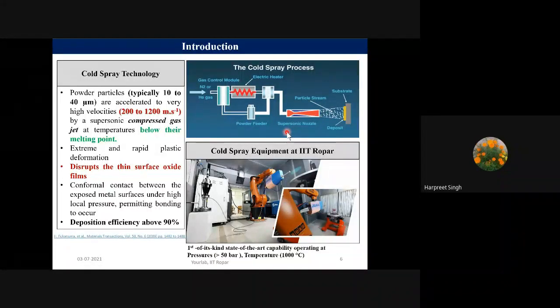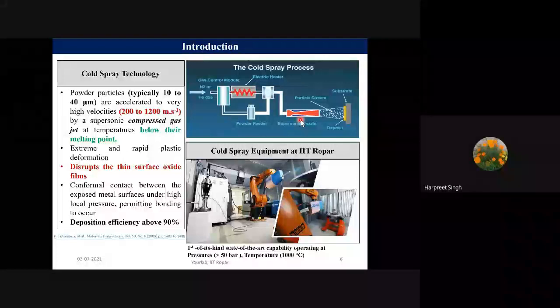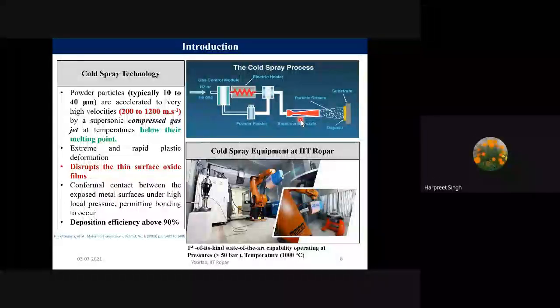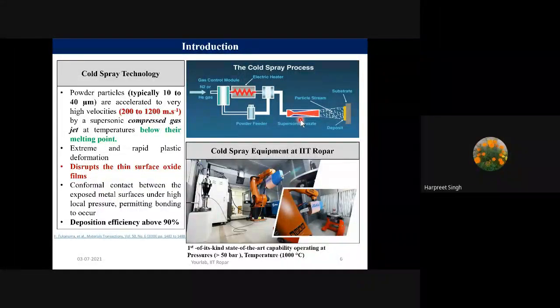That gas is fed here and then expanded through this, and we achieve these supersonic velocity jets. While doing so, we also introduce the powder particles into that gas stream, and they also get momentum from the gas and get accelerated towards the substrate.